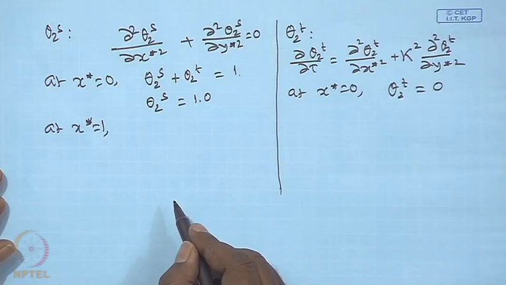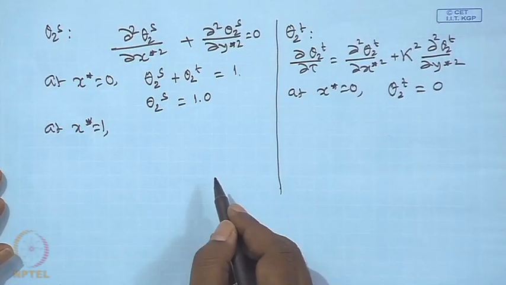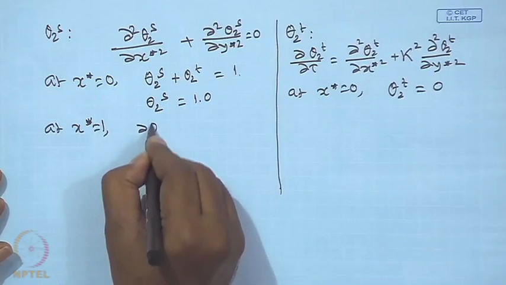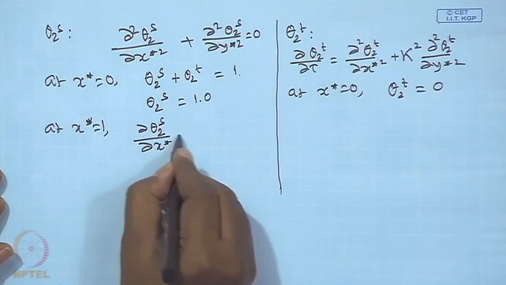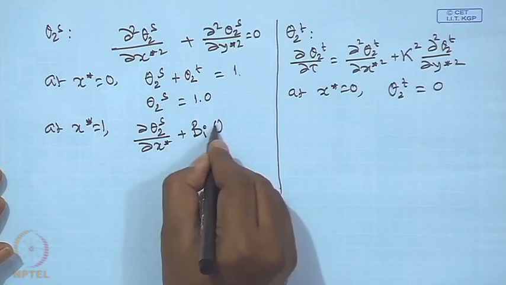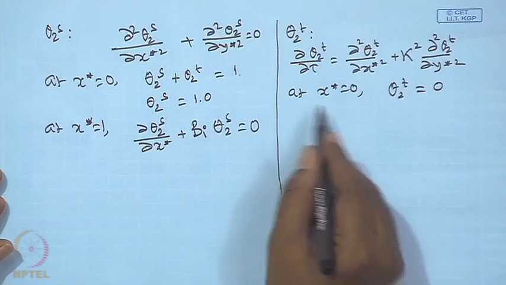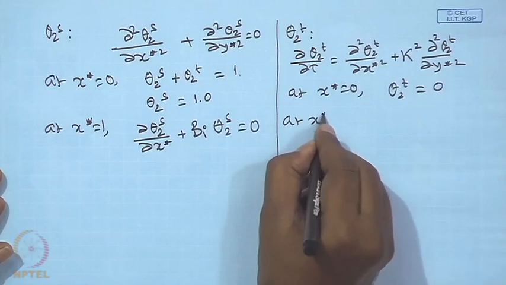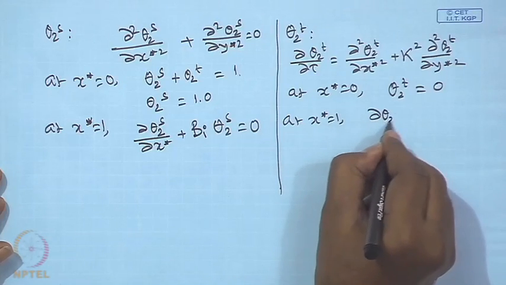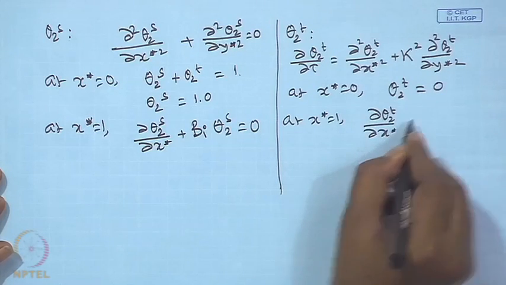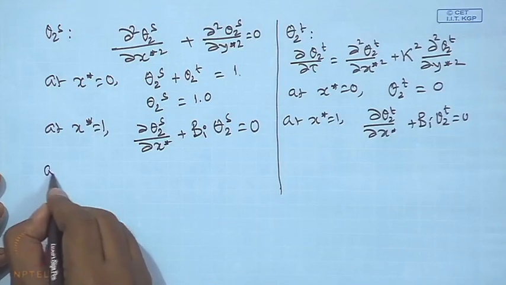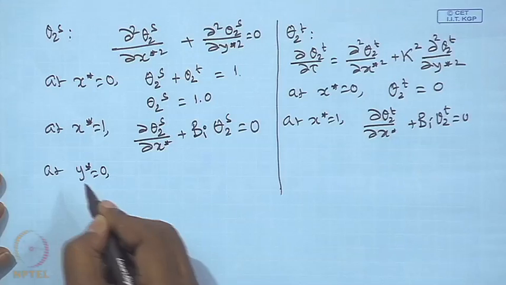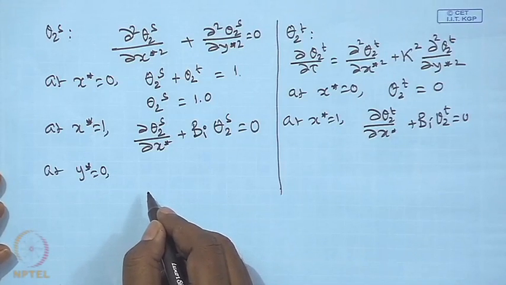If you look into the original problem, it was del theta 2 del x star plus b I theta 2. So, this will be del theta 2 s del x star plus b I theta 2 s is equal to 0, and for this at x star is equal to 1, del theta 2 t del x star plus b I theta 2 t is equal to 0, and at y star is equal to 0, we had del theta 2 del y star is equal to 0.